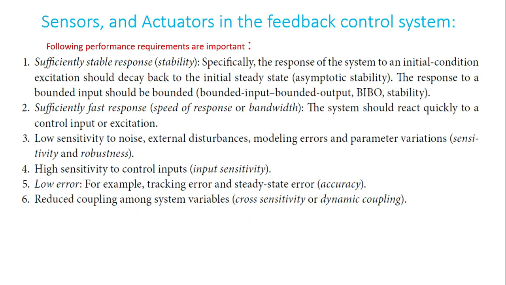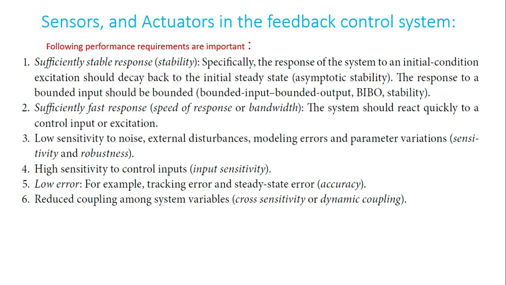Next, sufficiently fast response, speed of response or bandwidth. The system should react quickly to a control input or excitation. Then low sensitivity to noise, external disturbances, model errors and parameter variations, that is sensitivity and robustness.